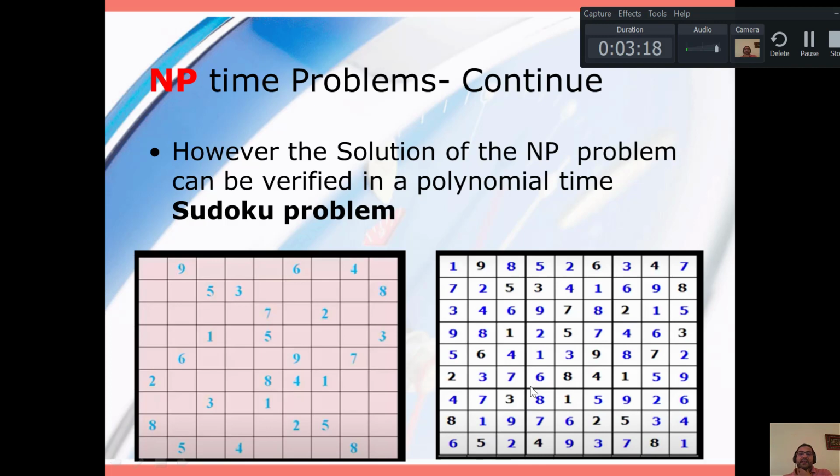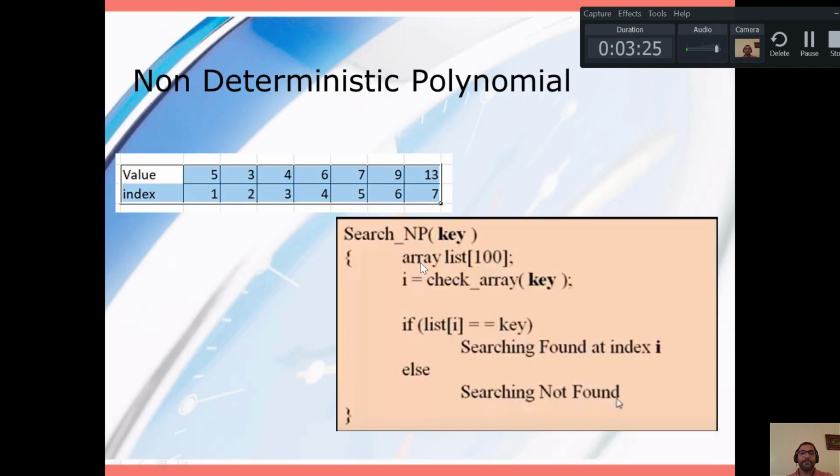Okay, so away from this, we are going to discuss another terminology which is called reduction. Or before the reduction part, we are going to discuss the non-deterministic polynomial. To understand what is meant by non-deterministic, basically I say if I know part of the solution and I can solve it in a polynomial way, then I can solve the whole solution in a polynomial way.